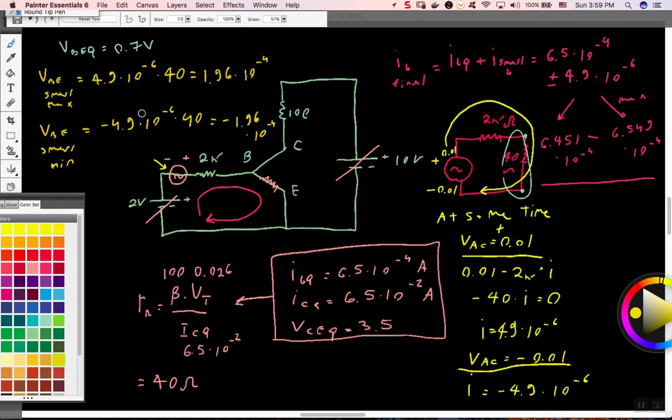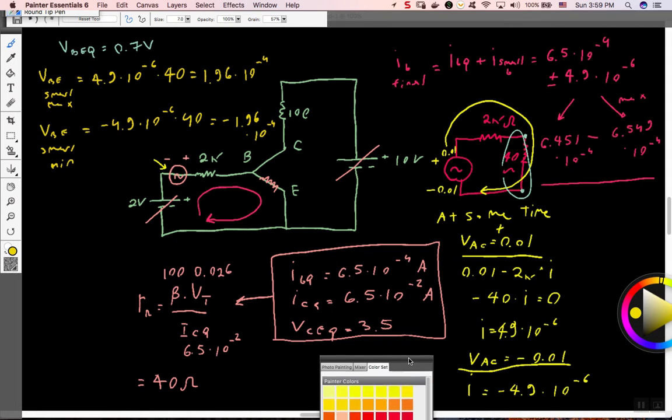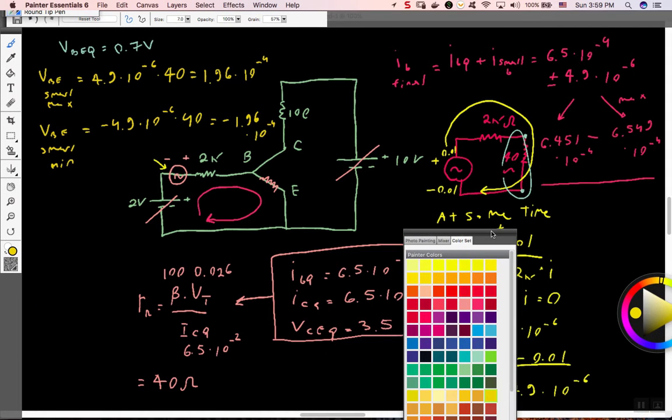Now, again, the small signal does not live in a vacuum. The small signal combines with the big signal. So the final VBE is not just the big signal and it's not just the small signal. The final VBE is both, right?